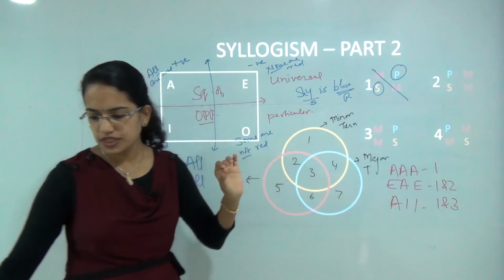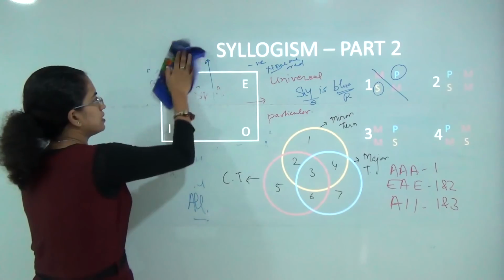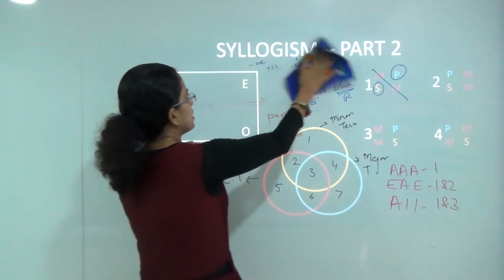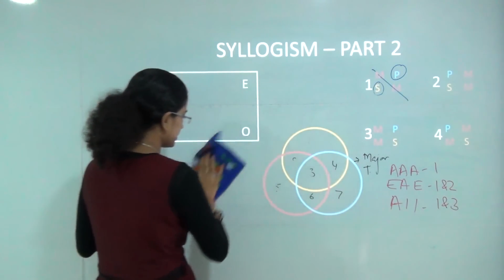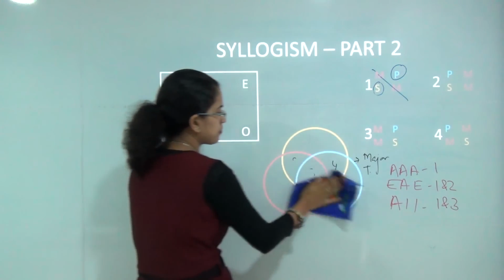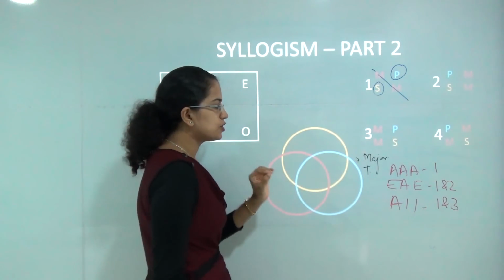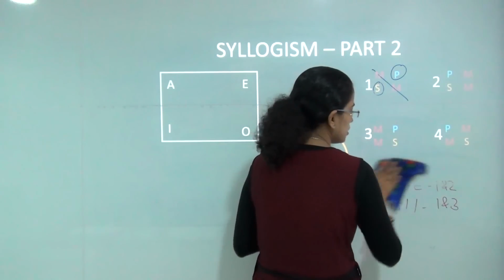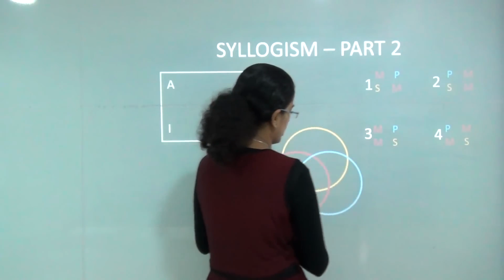Now there are a few things that we need to be very clear about before we start solving the problems. First, no syllogism problem is based on real world realities. Whatever premises I am taking, I have to consider those premises as true, and I have to draw a conclusion just based on those premises, not my particular real world knowledge.